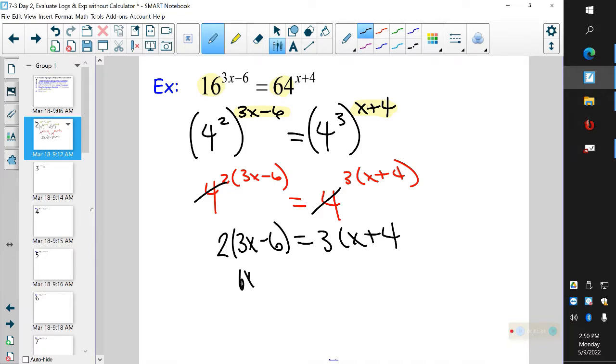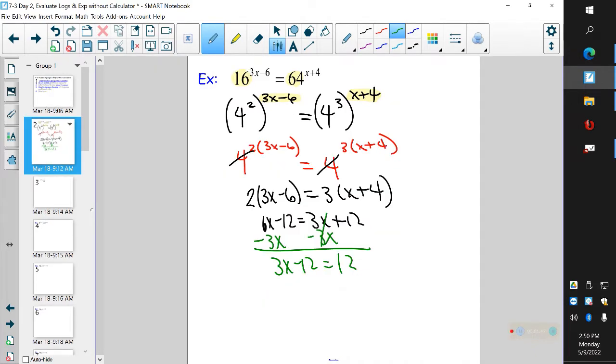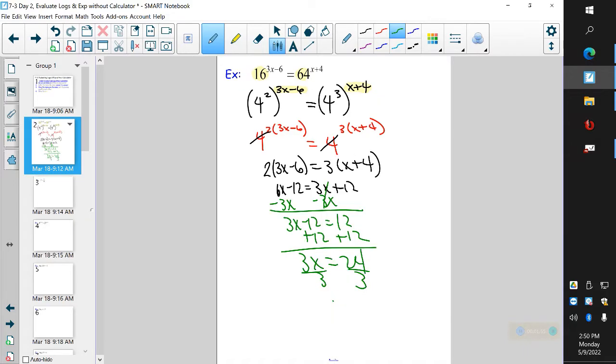Distribute, that gives me 6x minus 12 is equal to 3x plus 12. How do I solve this? Subtract 3x. So I have 3x minus 12 is equal to 12. How do I get rid of this 12? Add the 12 over. You get 3x is equal to 24. Divide by 3, and you are going to get x is equal to 8. Okay?